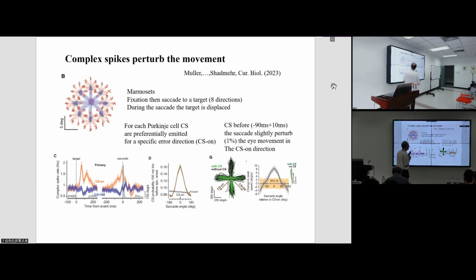And then what they looked at is that during this saccade, sometimes a complex spike appears, and they tried to see how it displaces the saccade by itself. What they measure is that, yes, if there is a complex spike during the saccade, it displaces the saccade at the particular angle that is preferred by the complex spike.